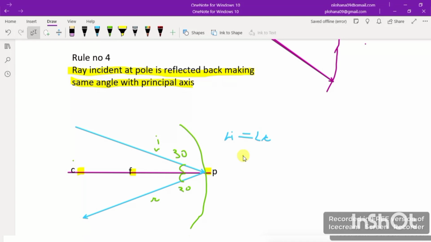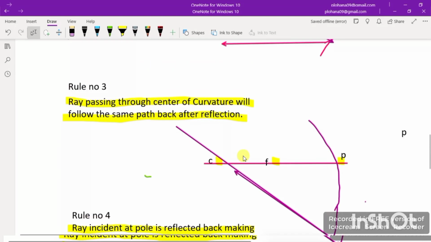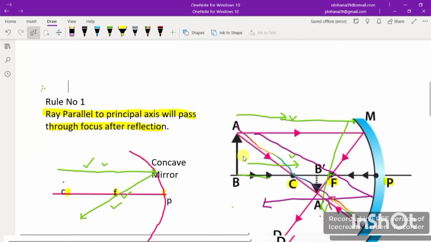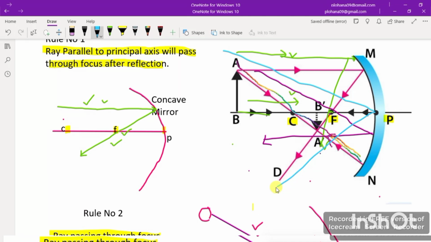right? Let me show you this in the figure so that it is clearer. If I make a ray here and make it hit the pole, it will come back with the same angle.